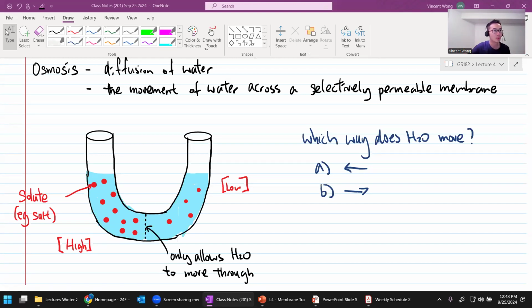By showing me what you think the answers are, it'll help me see whether I need to explain this in more detail. Okay. Last call. Anyone else? Okay, so most people say left. We have a few people who say right.